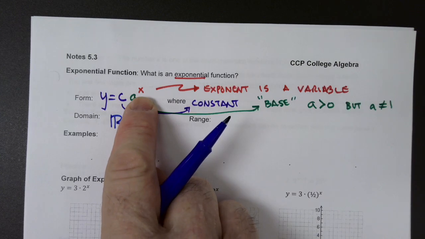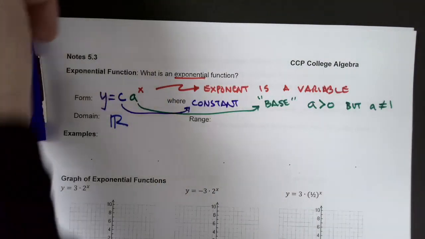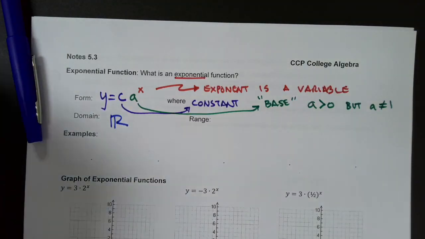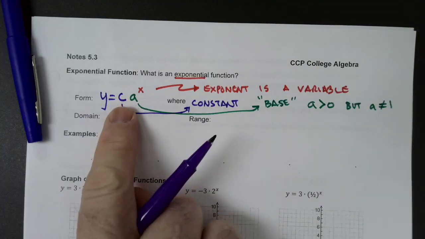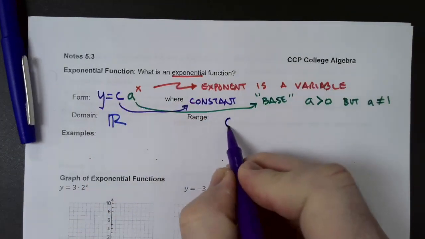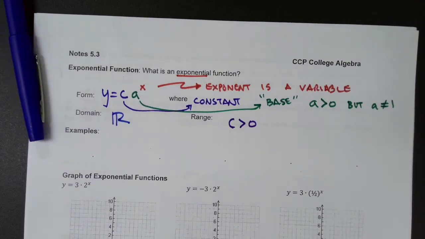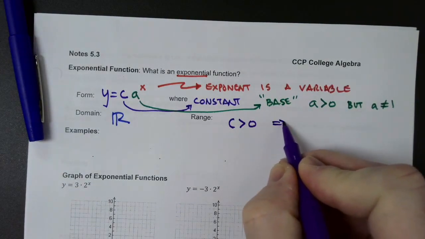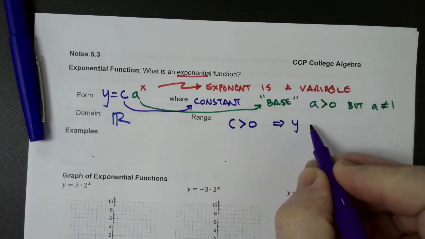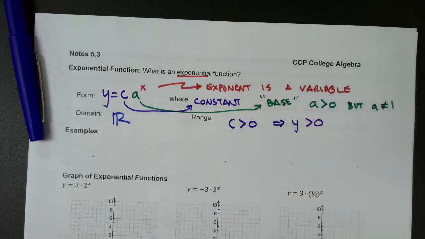Okay. And then we do have some limitations on our range. And that range is based upon what our c value is. If c is greater than 0, then no matter what, our y value is going to be greater than 0.